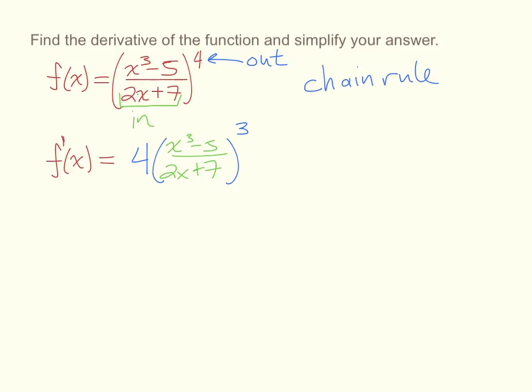And to that, we need to multiply the derivative of what's on the inside, x cubed minus 5 over 2x plus 7. In order to find the derivative of what's on the inside, we need to use the quotient rule.